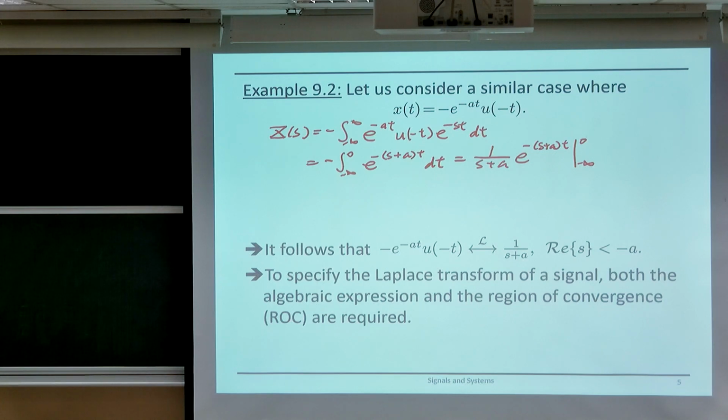So this integral converges to 1 over s plus a when the real part of s plus a is less than 0, or in other words, the real part of s is less than minus a. And this is the region of convergence.